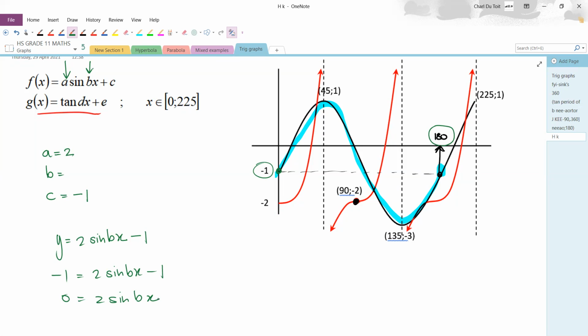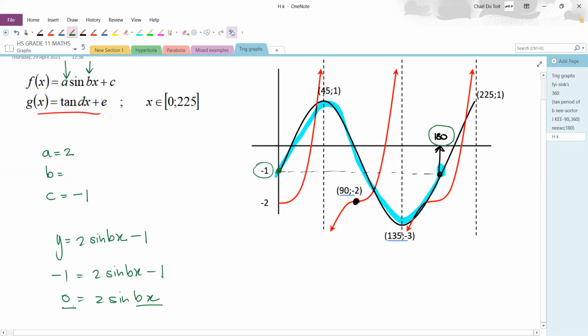If you doubt it, you can guess a value. Let's guess 180. So I type in 2 sin, then b is what? If it's 180, it must be 2, because then I can draw 2 graphs to 360. So 2 times 180. That's 0. That's correct. That will give me 0.